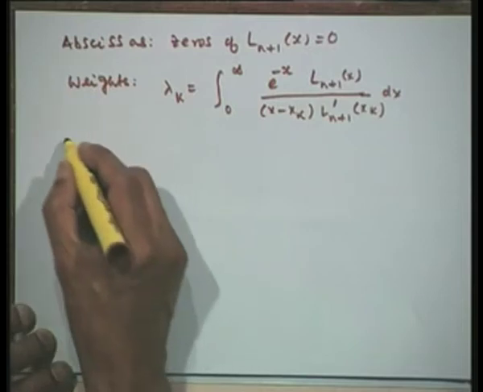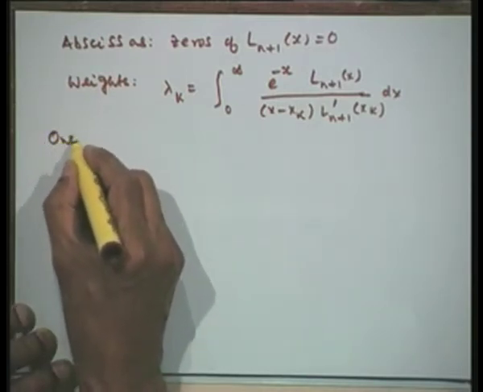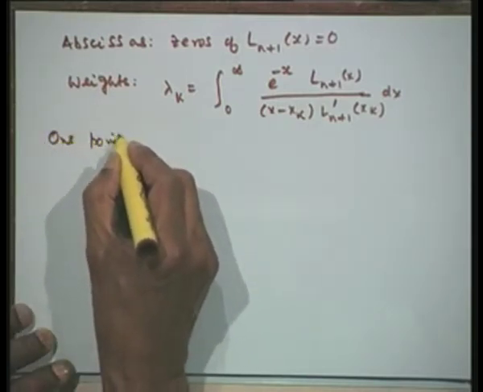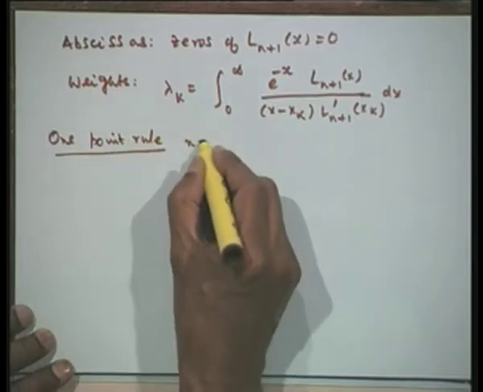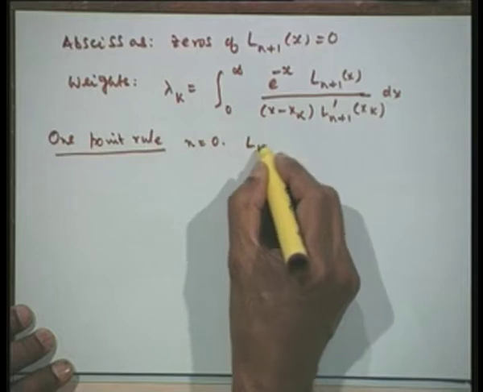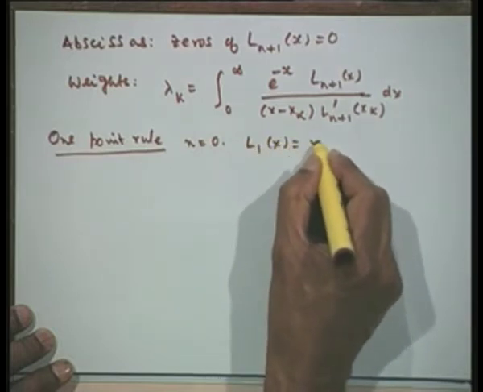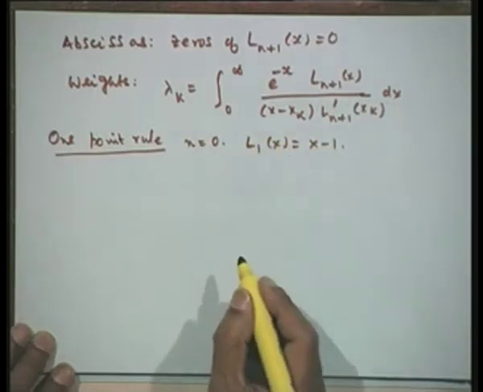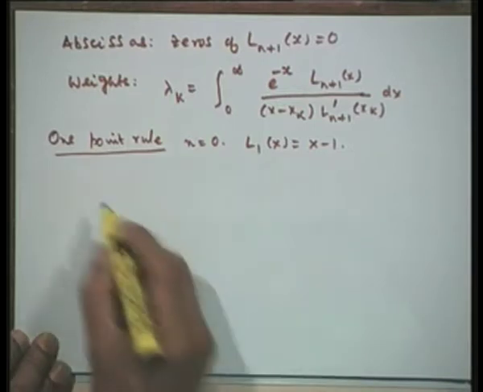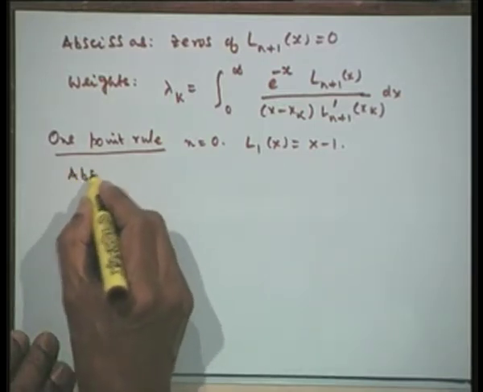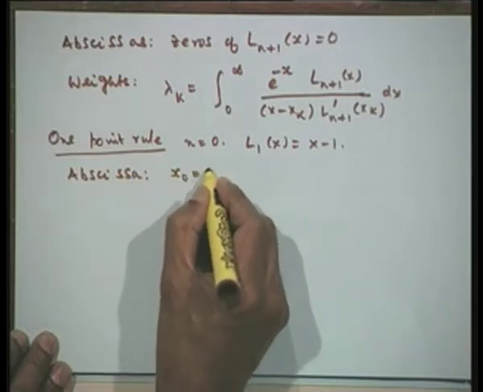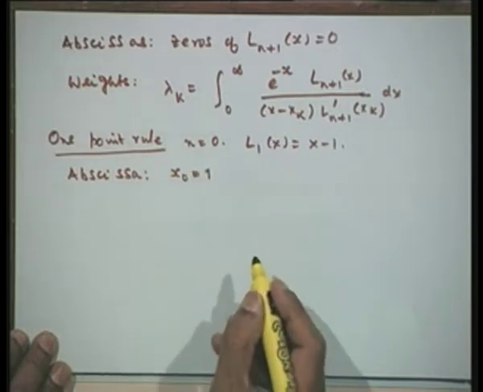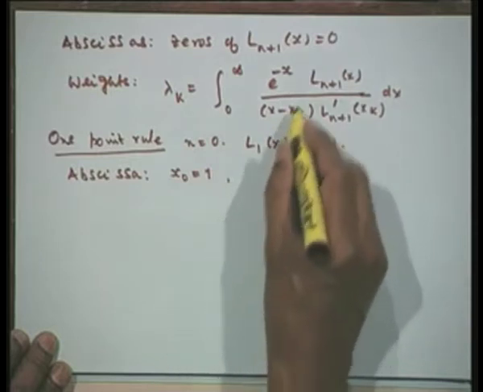Let us get two rules and then take an example. Let us take the 1 point rule. So, we will have n equal to 0 and L1 of x equal to x minus 1. Therefore, there is only one abscissa, x0 equal to 1. Now, we need the derivative here.